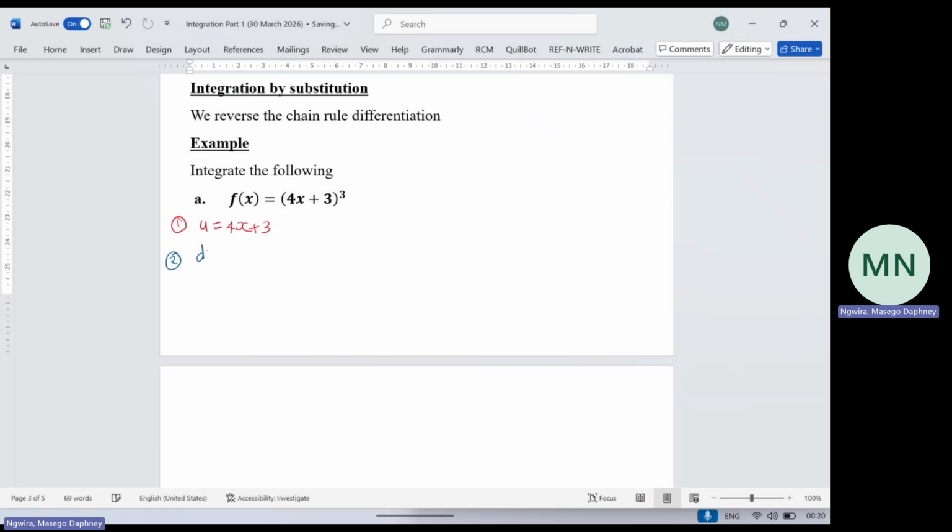I'm going to say du over dx equals, when we derive this, it means that we are saying the derivative of u.